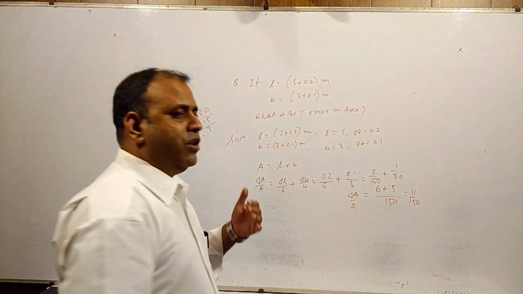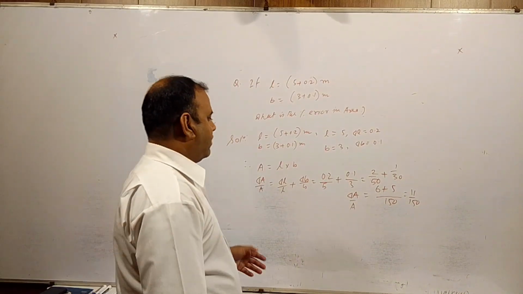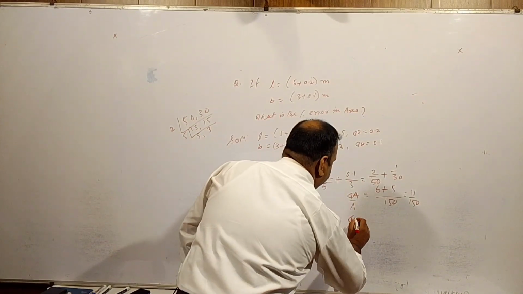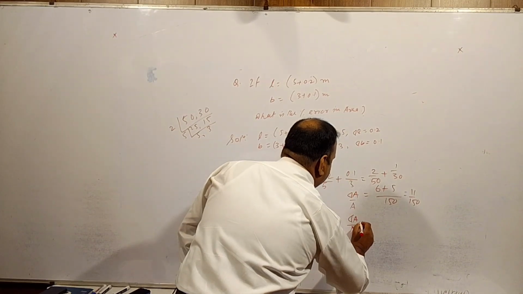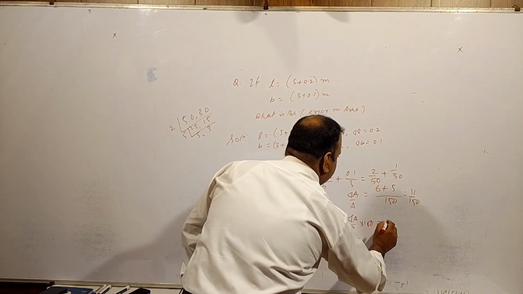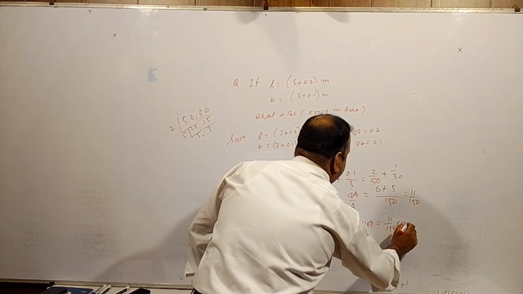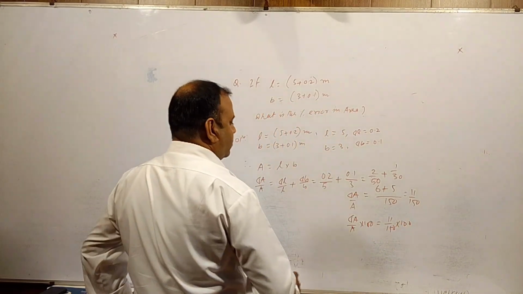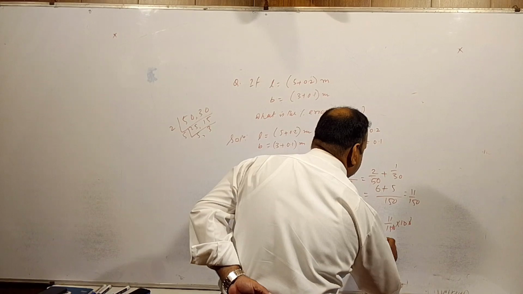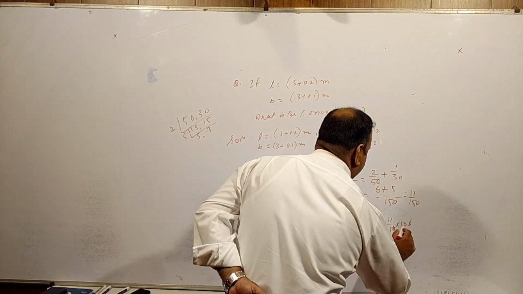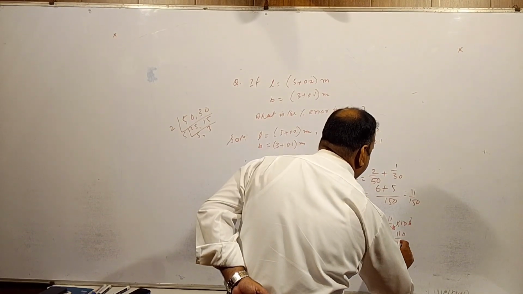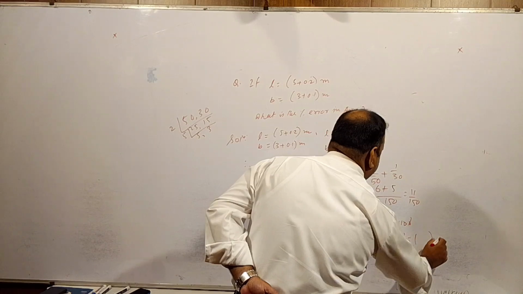Now we are going to convert it into percentage of error. So delta A by A multiplied by 100 is equal to 11 by 150 multiplied by 100. So this cancels, and it will be 110 divided by 15. So this is the percentage.